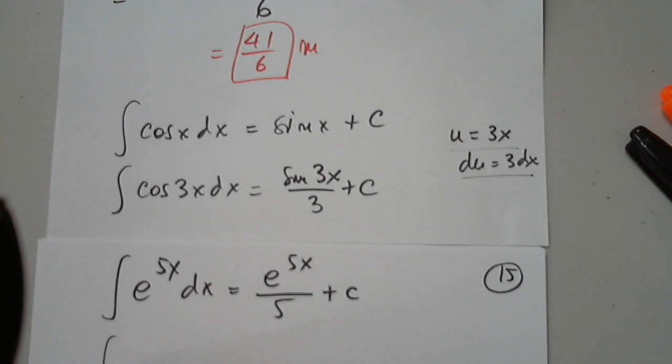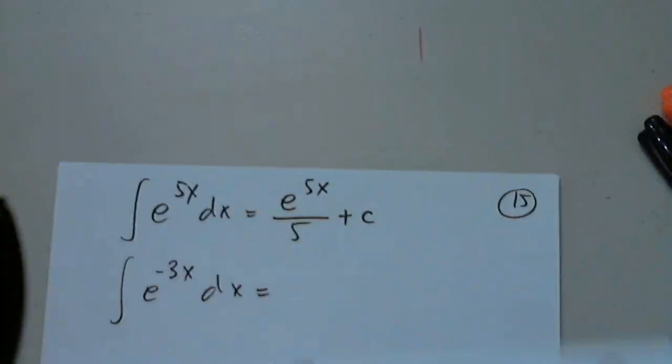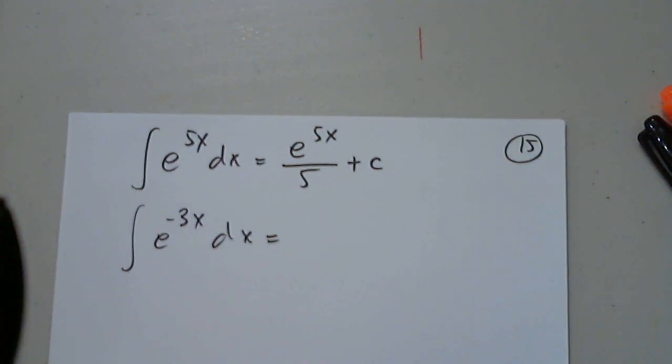Perfect. What about the integral of e to the 3x dx? Well, let's make it a little bit more interesting. Minus negative 3x dx. And again, I'm not saying that you should not use a substitution.